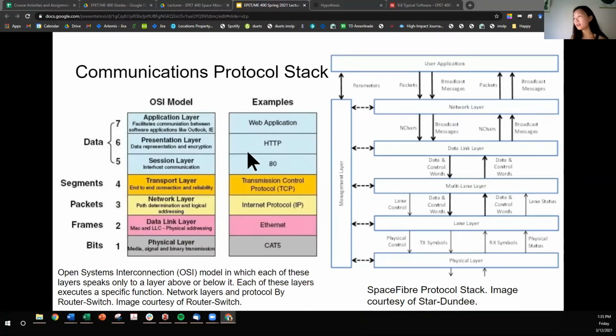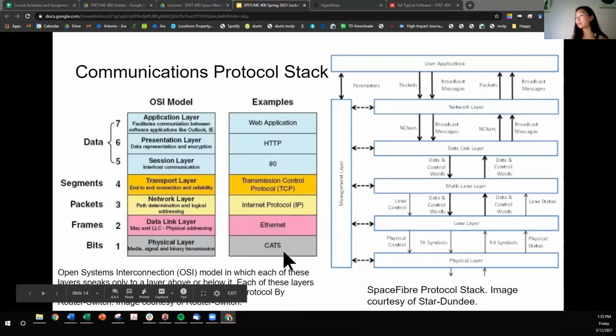Your session layer, I'm not familiar with, but your transport layer is TCP. Your network layer is Internet Protocol, IP. You'll recognize that from IP address. Your data link layer, Ethernet. Ethernet, you know, the cables. And then Cat5, the port connection on Ethernet cables.